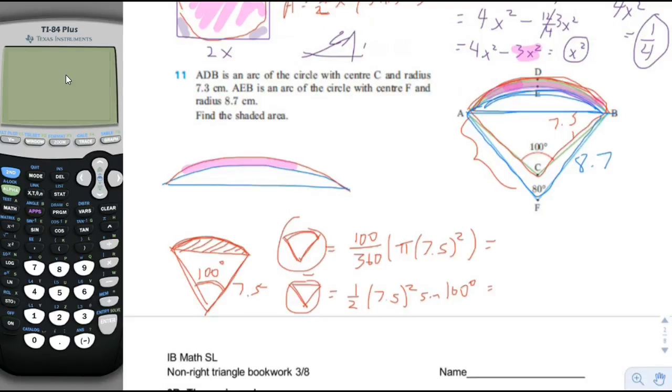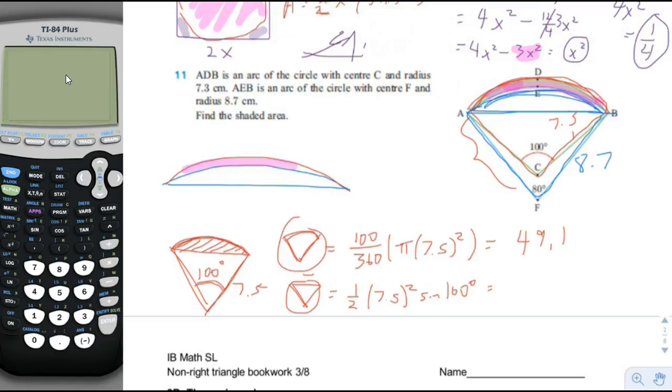Since it takes so long to type numbers into the virtual TI-84, I'm going to do it offline. So I'm going to do 100 divided by 360. That gives me 0.27777. I'm going to multiply that times 7.5, multiply by 7.5 again because it's squared, and then multiply times 3.14, and I get 49.1.